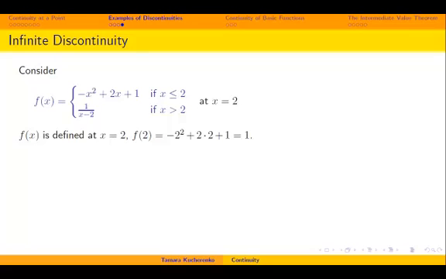We see that f is defined at x equals 2. Substituting 2 for x into the quadratic polynomial, we get -2 squared plus 2 times 2 plus 1 equals 1.